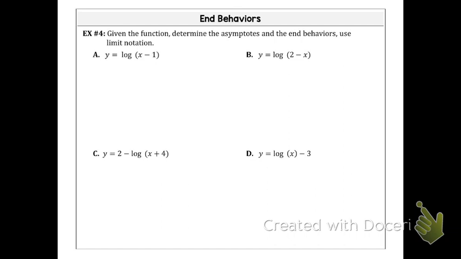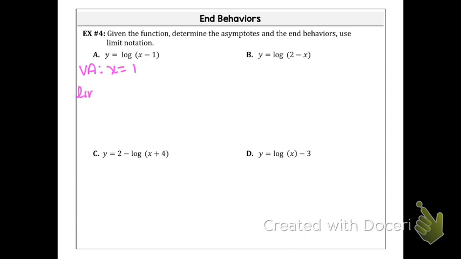All right, example 4. It's given the function, determine the asymptotes and the end behaviors using limit notation. All right, so we know that our parent function for log has a vertical asymptote at x equals 0. And so if I look at a, it's now at y equals log of x minus 1. That minus 1 tells me that everything is being moved to the right one, including that vertical asymptote. So my vertical asymptote is now going to be at x equals 1.